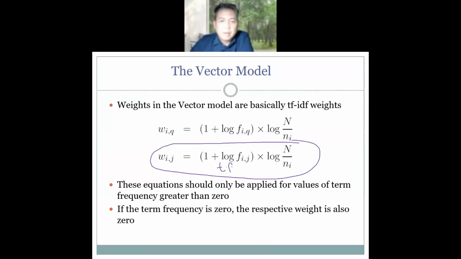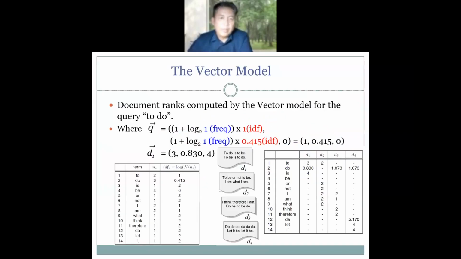This is TF_ij, and this is IDF_i. For the query, we will treat them the same way. So this is the IDF, similar to this, but here we are looking at the frequency of the term i in the query.